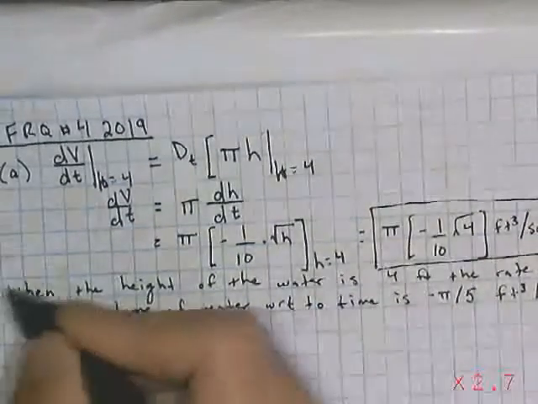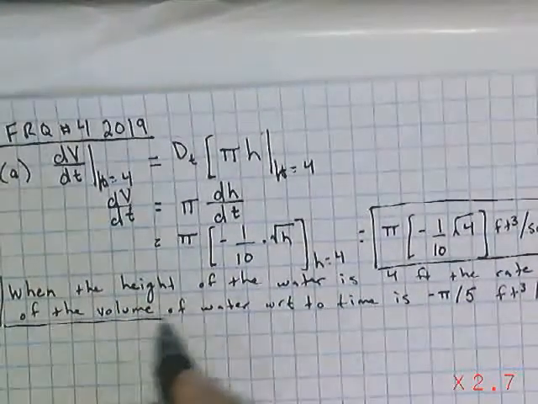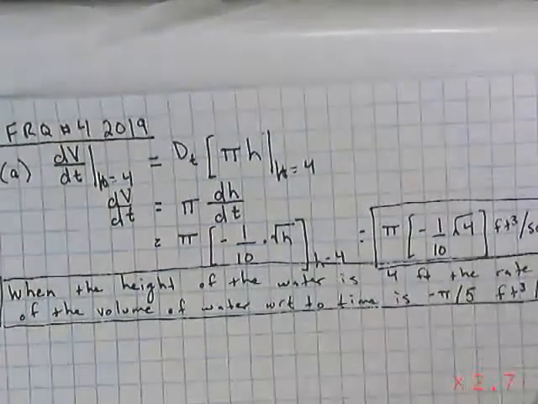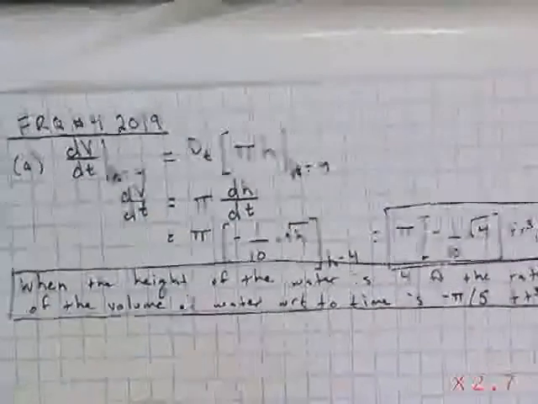And we ask ourselves, does it make sense that the rate of change is negative? Of course it makes sense. The volume is decreasing because the water is draining out.